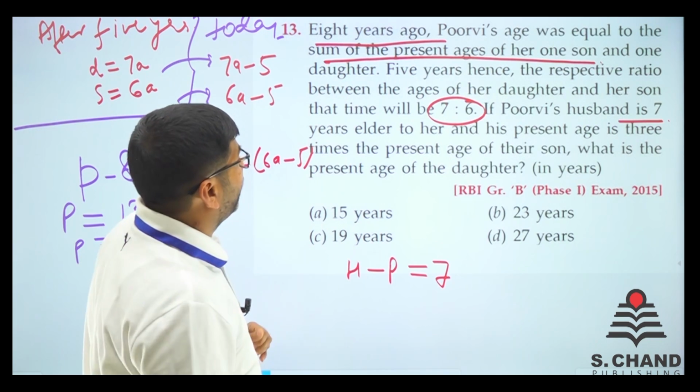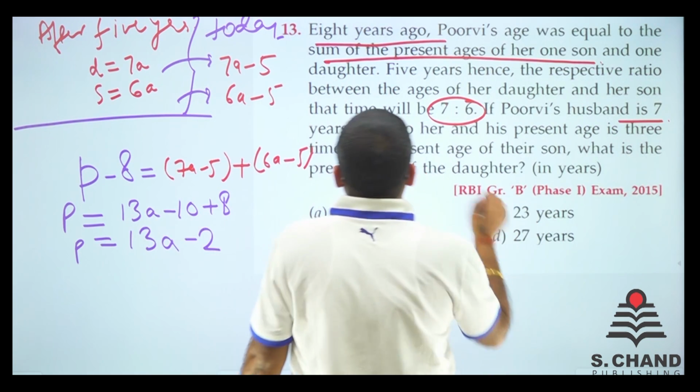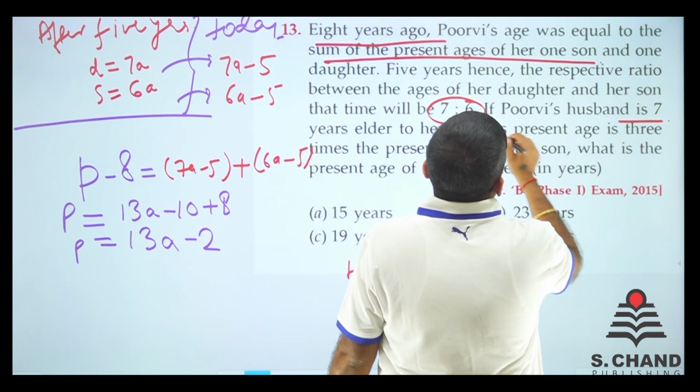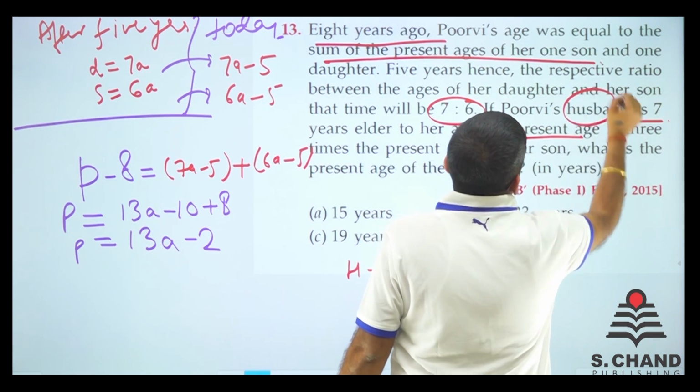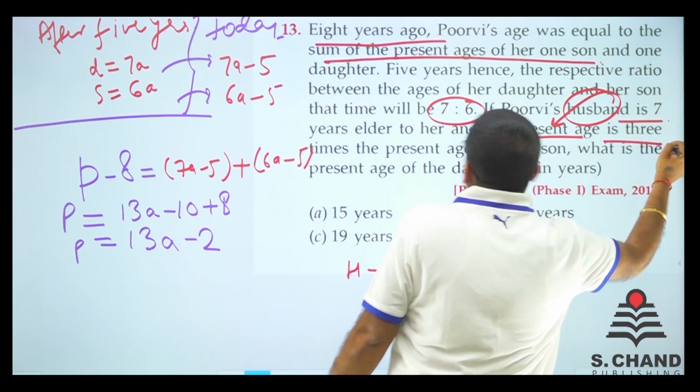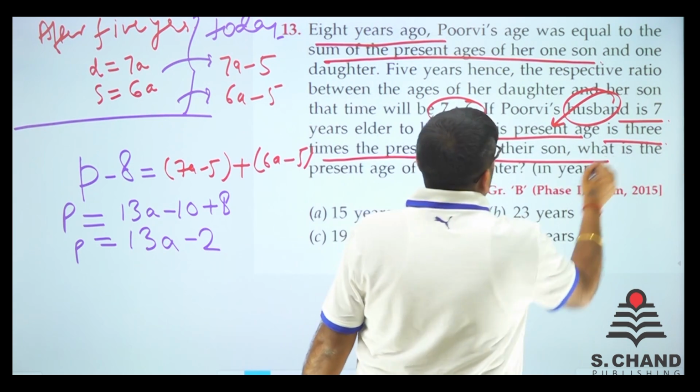And one more thing is given, what? That his present age, yani husband ki present age, is 3 times the present age of their son.